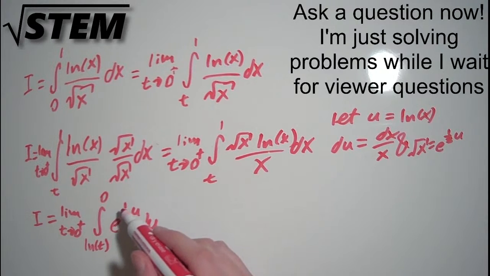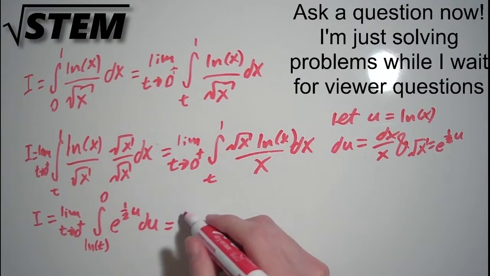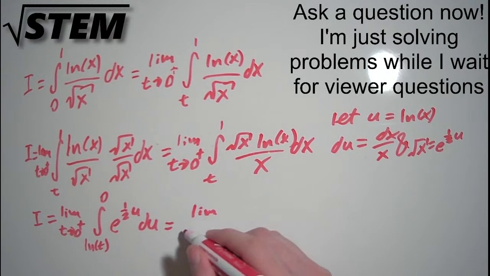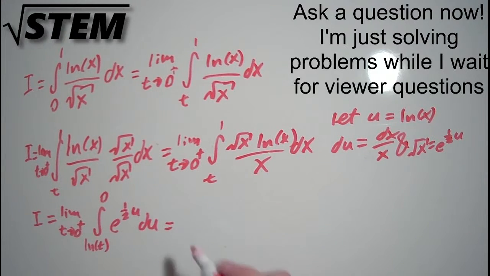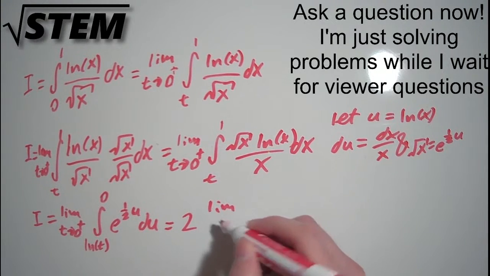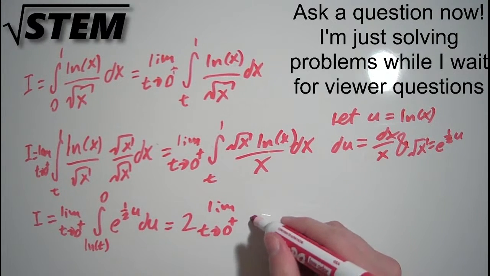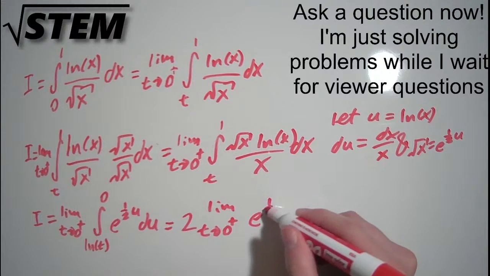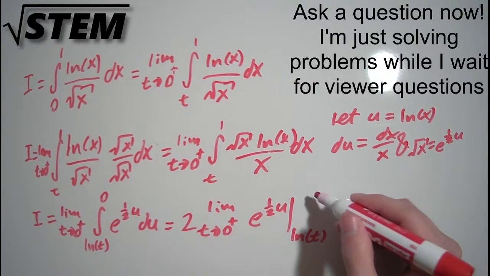We said e to a number times our variable is going to be e to the number times the variable divided by the number. We'll go ahead and put the divided by a half in front of everything since it's a constant. Divided by a half is multiplying by 2. The limit as t goes to 0 from the positive of 2 times e to the 1/2 u from natural log of t to 0.